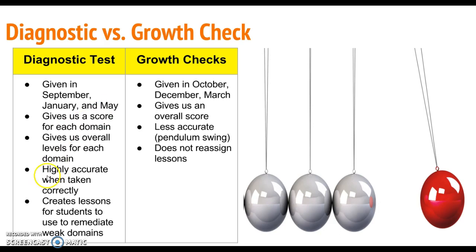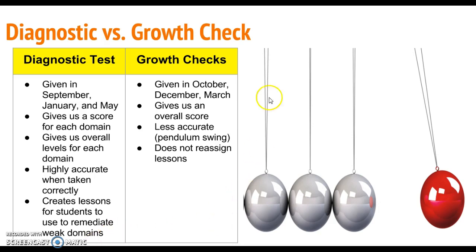After you take a diagnostic test, it also creates lessons that are used to remediate your weak domains. Meaning, if the diagnostic test states that you had a lot of trouble with the algebra problems, then it's going to create a series of lessons to help you practice those weak areas.